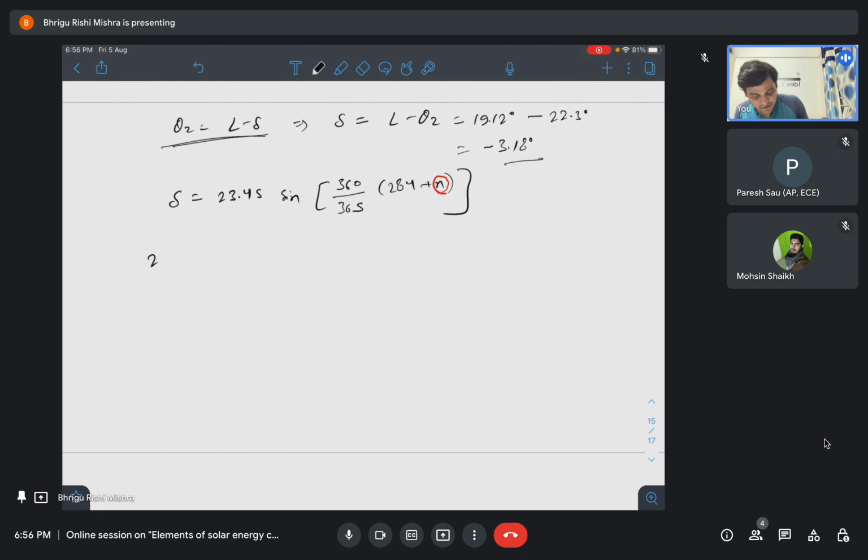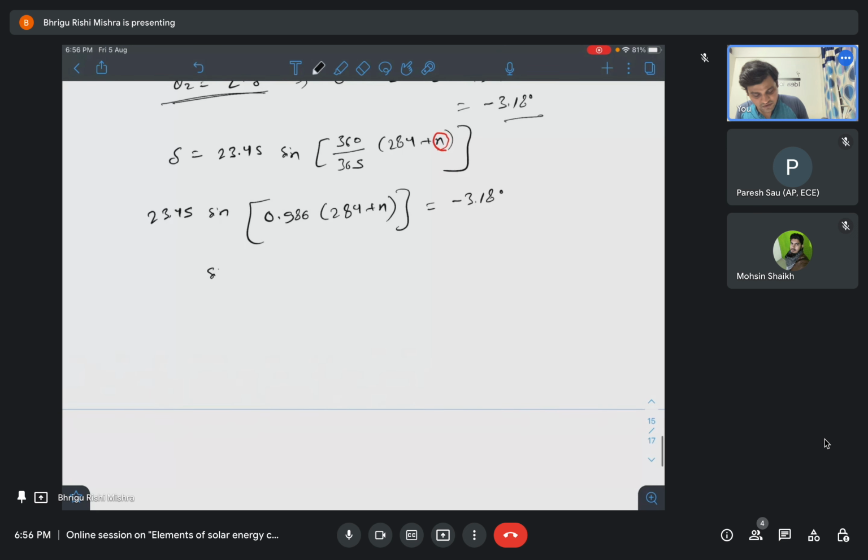So let's equate this expression with the value we calculated from the earlier relation. It is simply 23.45 sine, and we can simplify this: 360 by 365 is 0.986, so 0.986 times (284 plus n) equals minus 3.18 degree.